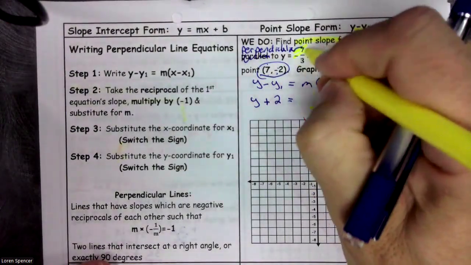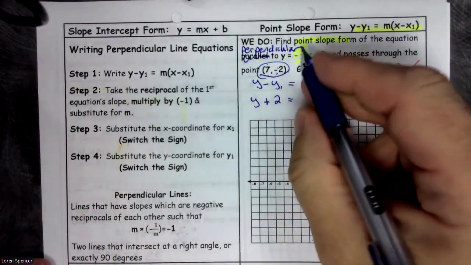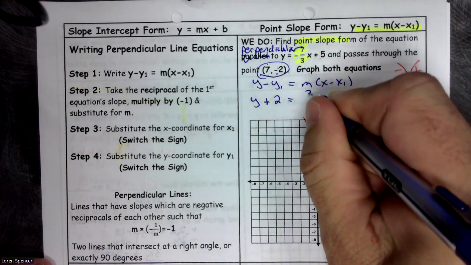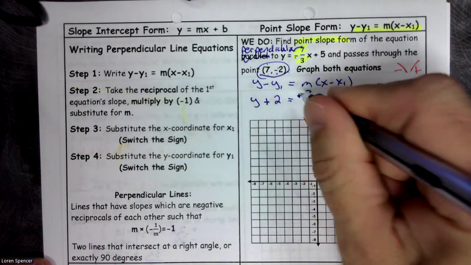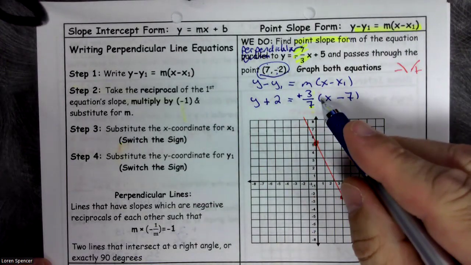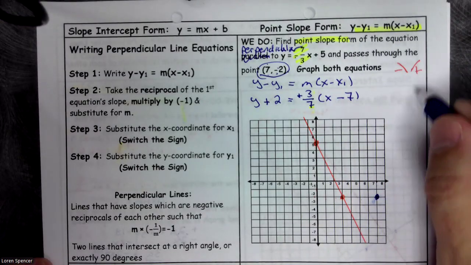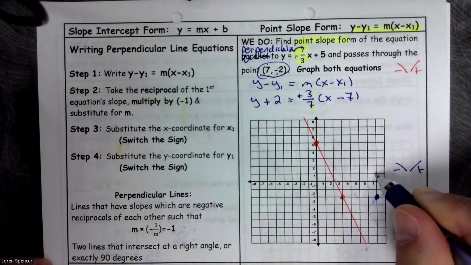This slope is a negative 7/3, and if we want a perpendicular, we have to flip it and change the sign. So the 7/3 flips and becomes 3/7, and this negative becomes a positive. So we need to count up a positive 3 and over 7. So don't forget about the angry man eyebrows, because they really will help you out on this, because we can't go up and over.